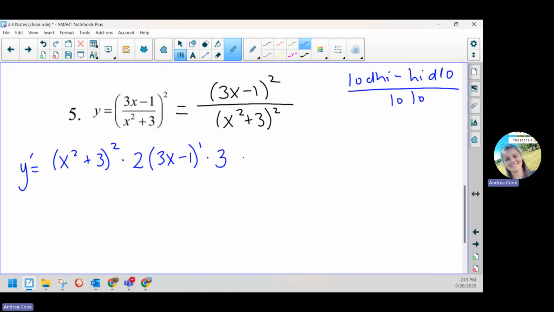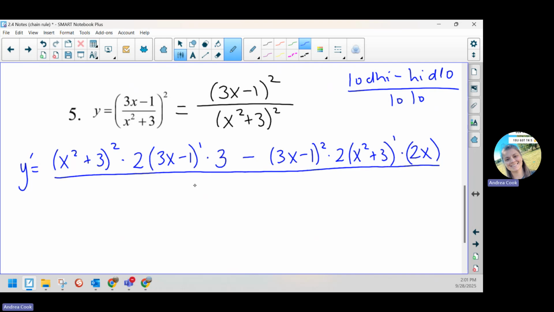So low d high minus high d low. So bring the 2 down, subtract 1, and chain on the derivative of the inside. So derivative of x squared plus 3 is 2x, and it's all over low low.